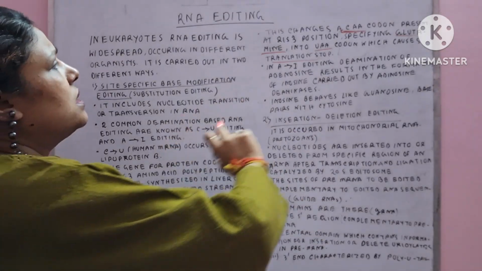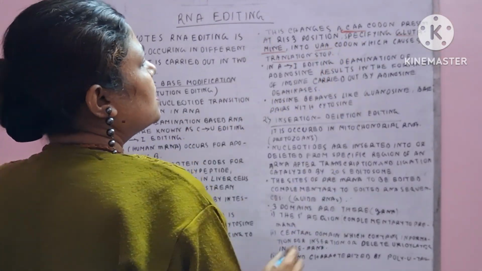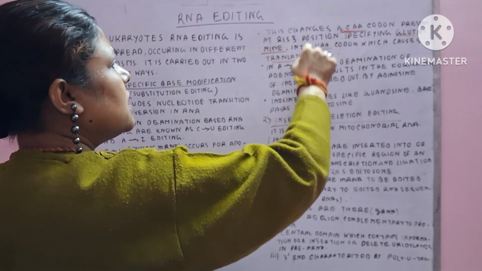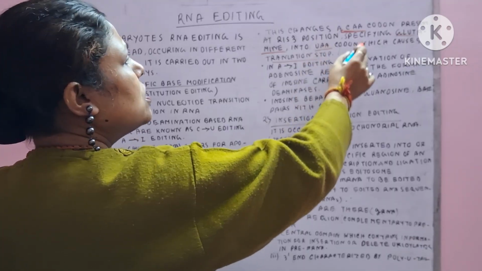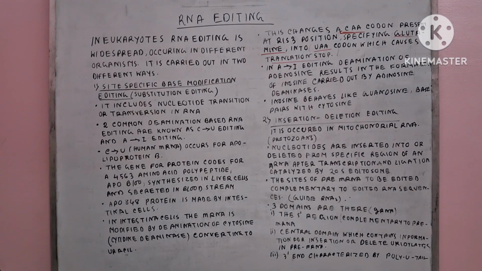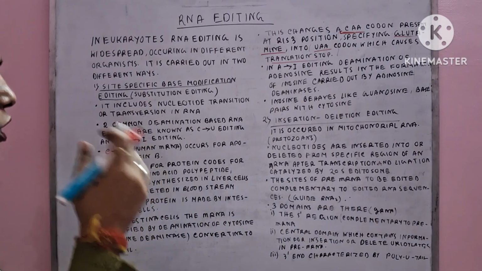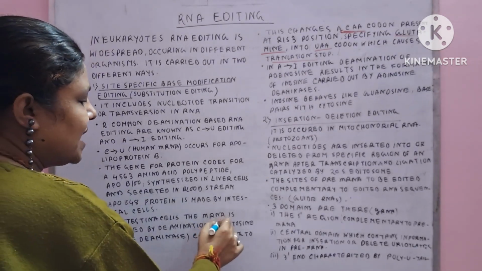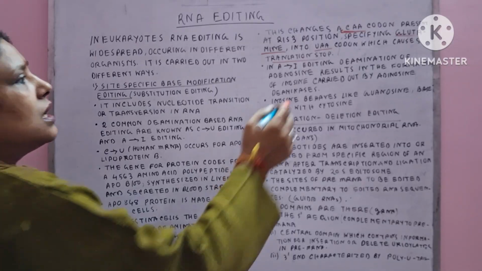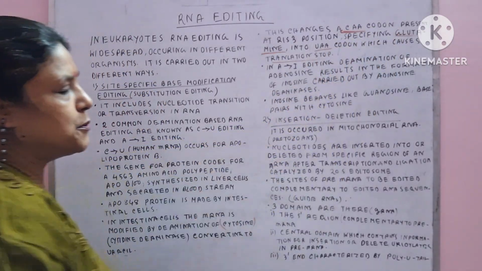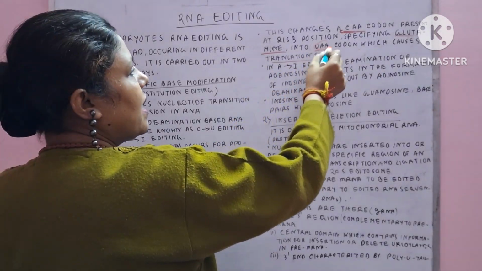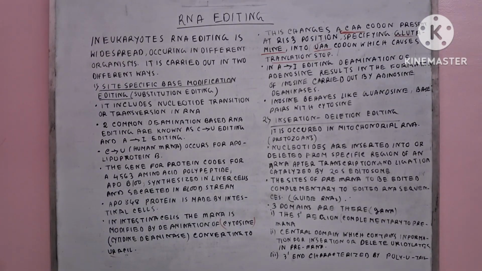Again I repeat, the CAA codon present in this position specifies glutamine, and it changes into UAA, which causes translation to stop. So if cytosine is present, the codon is CAA and glutamine is specified, and if that is converted to uracil, then the codon UAA is responsible for the translation to stop.